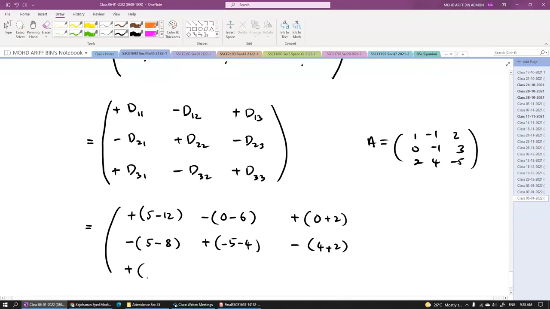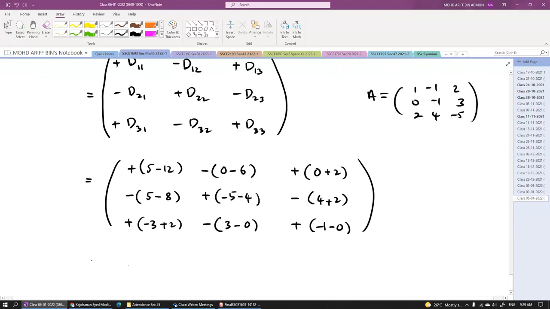3, 1. Negative 3 plus 2. 3, 2. So 3 minus 0. 0. Good. And the last one, 3, 3. Minus 1 minus 0. 0. And then you calculate.